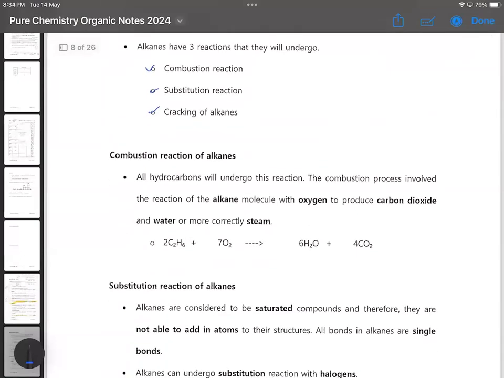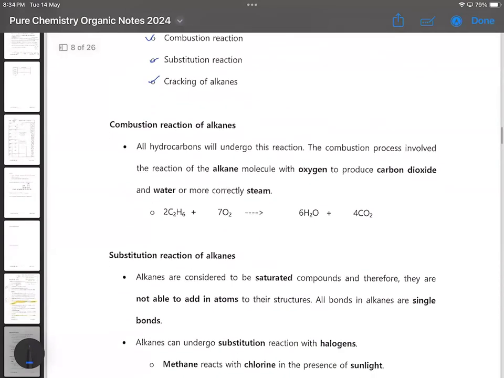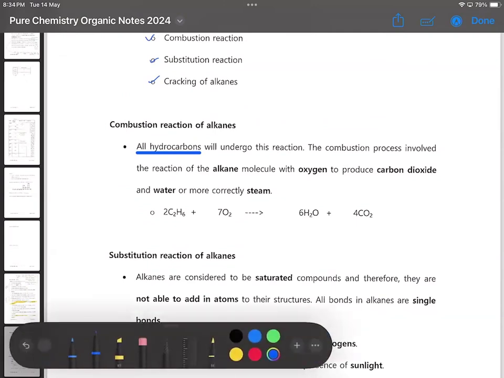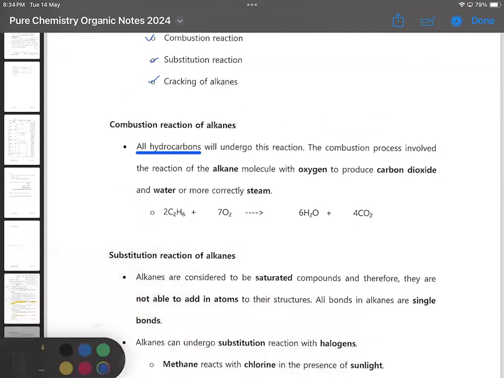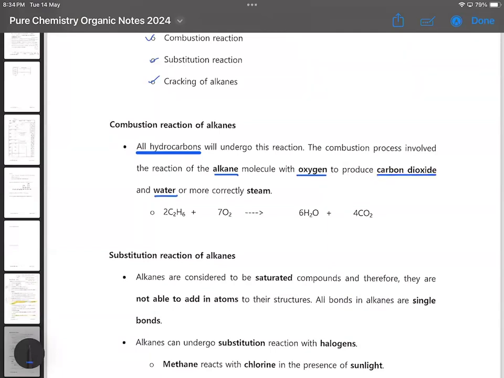Okay, so let's look at what is combustion. Generally, all hydrocarbons will undergo this. The process is when the molecule that you have reacts with oxygen to produce CO2 and water. More accurately, we say that this is actually steam.